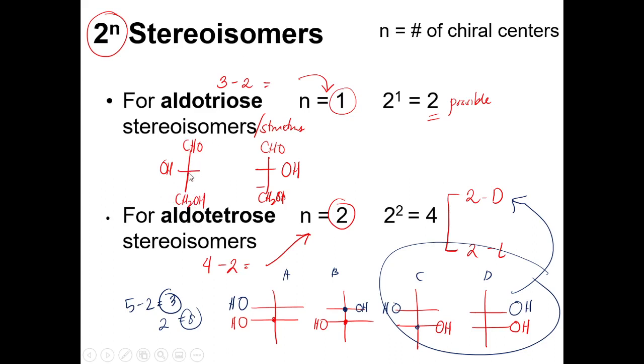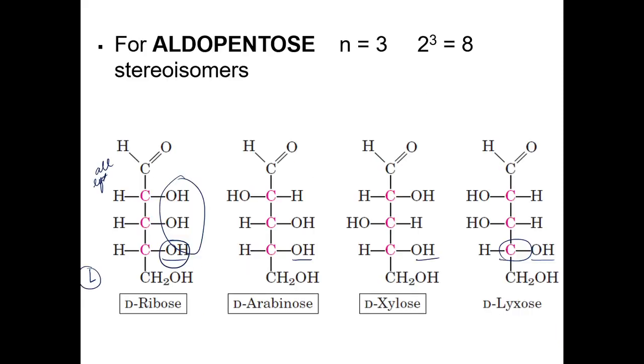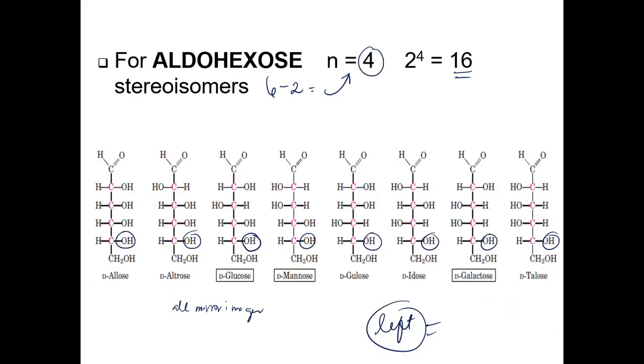It means the only chiral center here is in the second carbon. So for aldotriose yon, we have n equal to 1. You just substitute 1 in this formula, 2 raised to 1, then that gives you 2 possible stereoisomers. We did this for your 4 carbons, your 5 carbons, and then for your 6 carbon atoms.